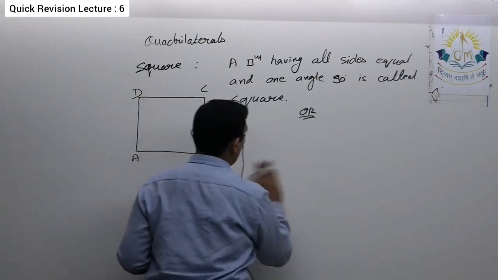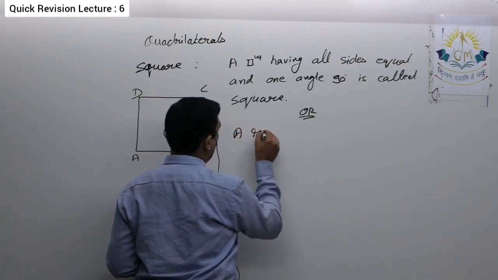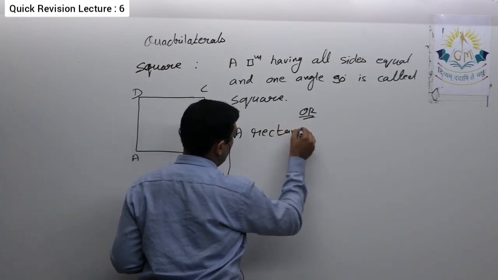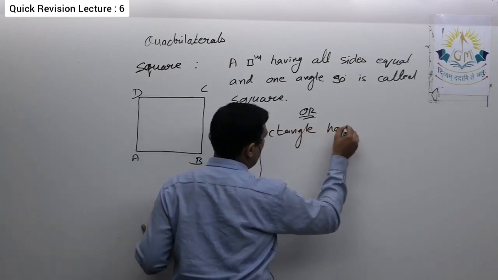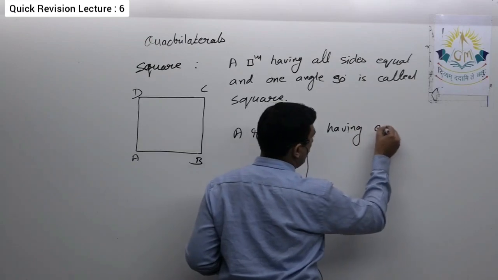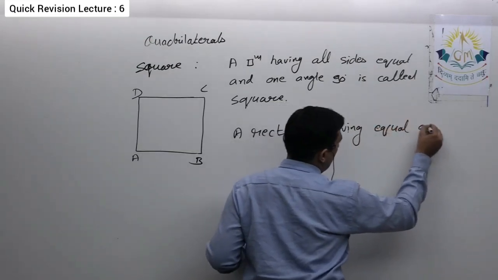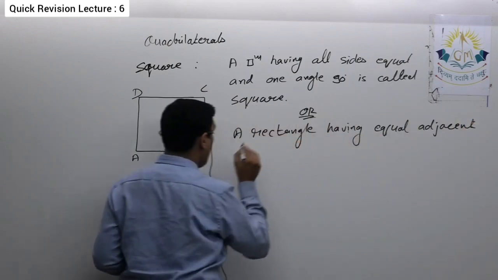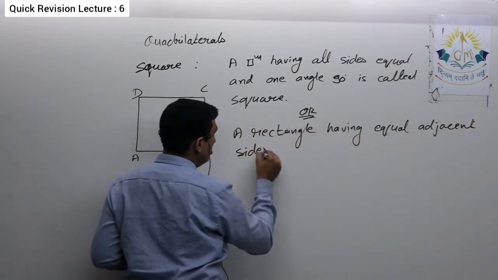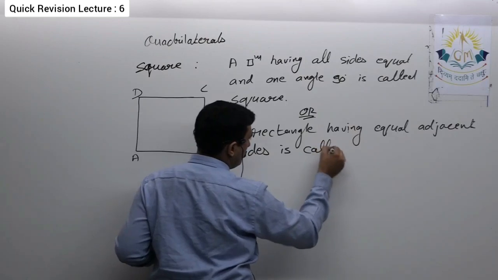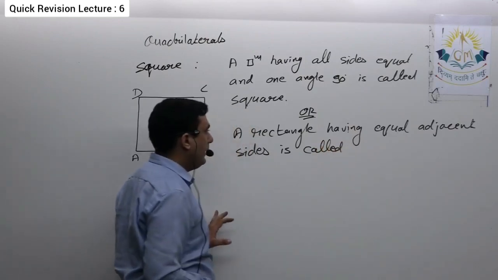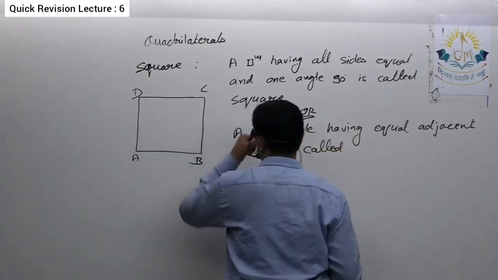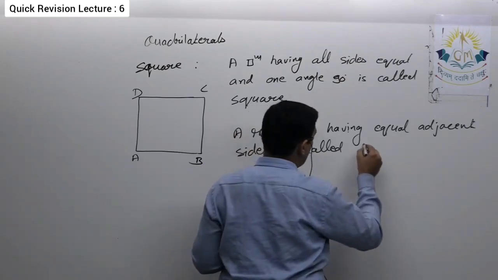So I can say a rectangle having equal adjacent sides is called a square.